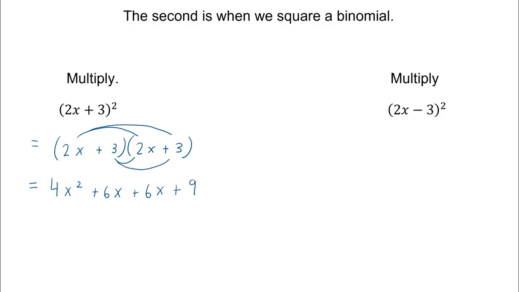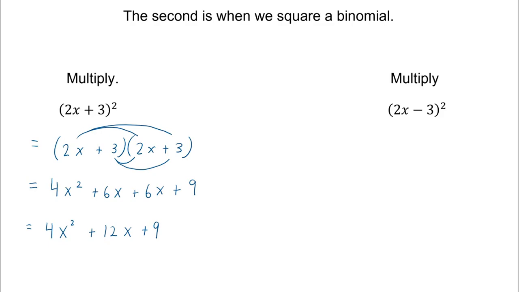Let's combine our like terms in the middle because we can add 6x with 6x. And we'll get 4x squared plus 12x plus 9. And you may look at that and say, well, I don't really see anything there. Where's the shortcut? Let's look at it a little bit closer.